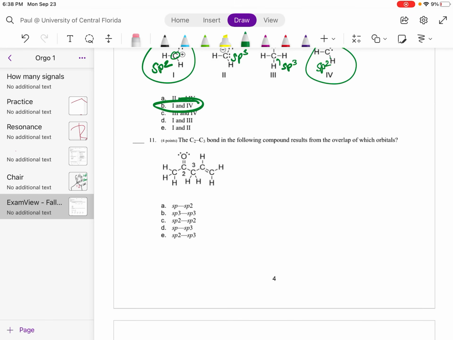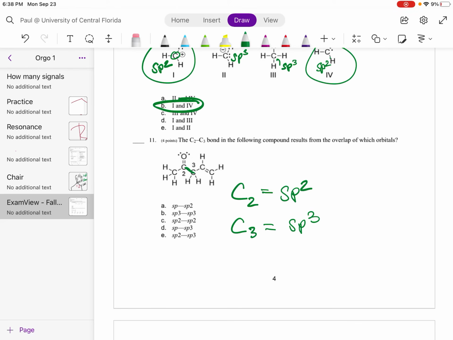The carbon 2 and carbon 3 bond, so we're looking at this bond right there, in the following compound results from the overlap of which orbitals? So for carbon 2, what's the hybridization state of carbon 2? sp2. And then for carbon 3, what is its hybridization state? sp3.